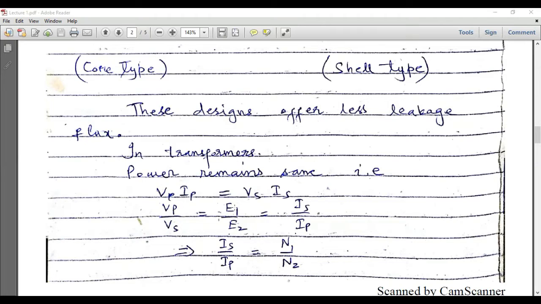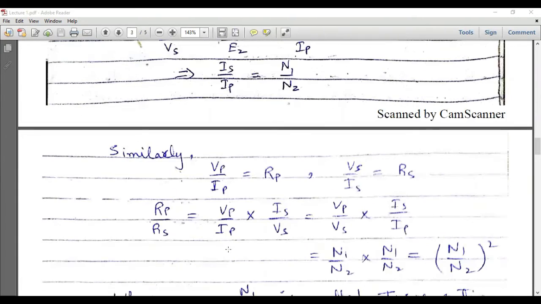So Vp over Vs is equal to E1 over E2, which are the induced EMFs across the primary and the secondary windings. And from this above expression, Vp over Vs is equal to Is over Ip. So Is over Ip is equal to Vp over Vs, and Vp over Vs is equal to N1 over N2. So this is another expression which we have obtained for the current transformation.